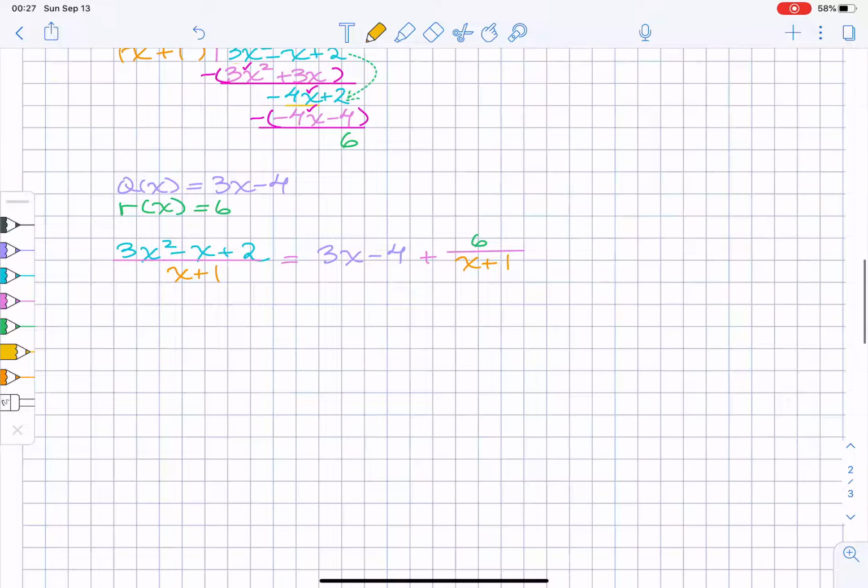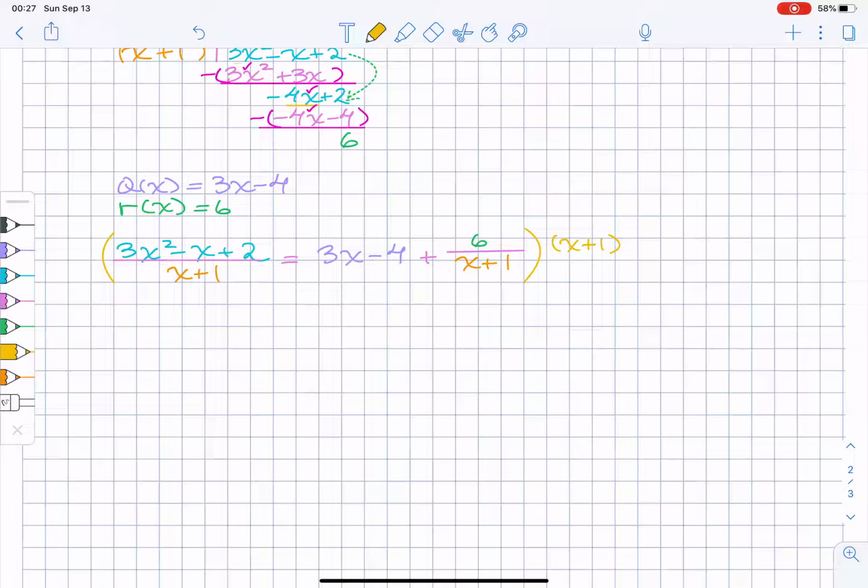But note, what I could do is multiply through by x plus 1 if I didn't want denominators, which I don't.